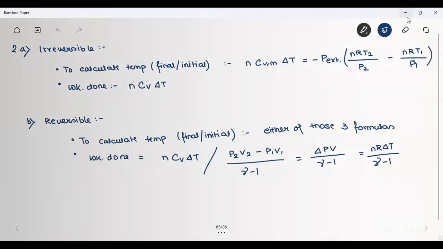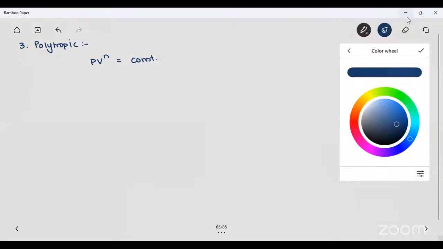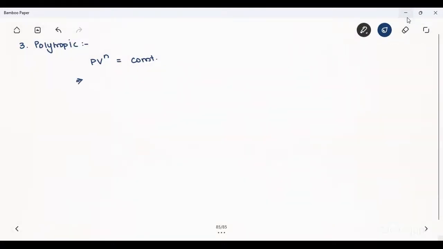Last was the polytropic process. For the polytropic process, what was the formula? PV to the power n is equal to constant. n can never be 1 for the work formula. I told you also the interpretation for this.